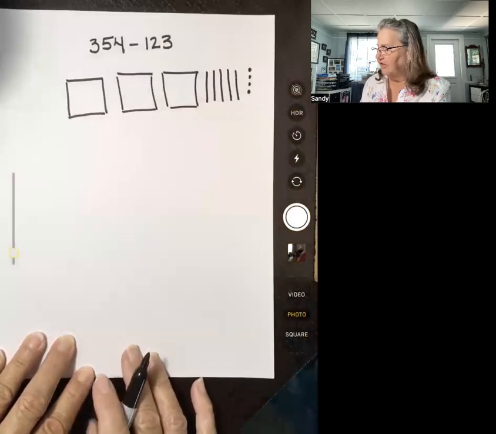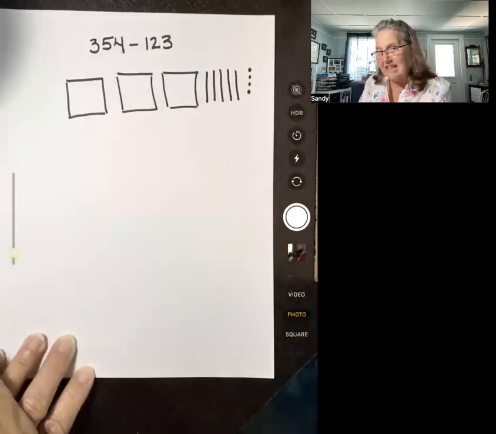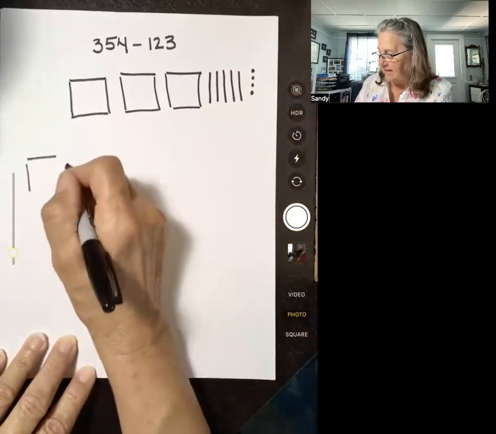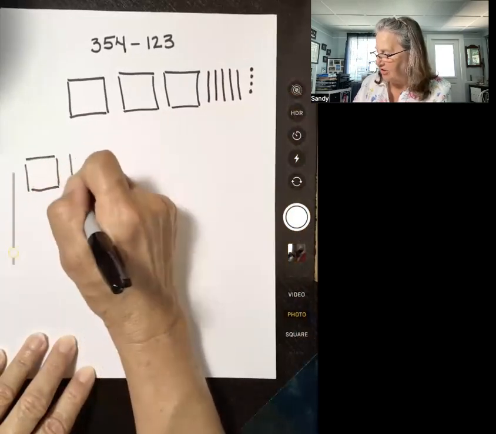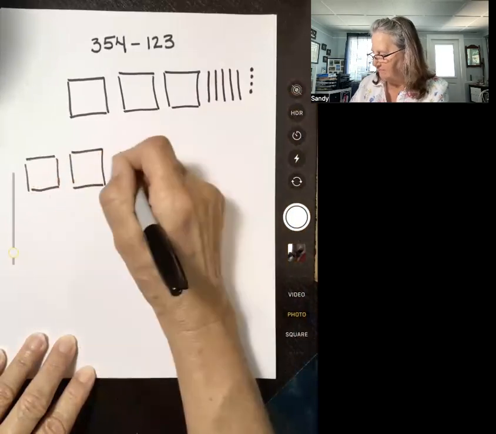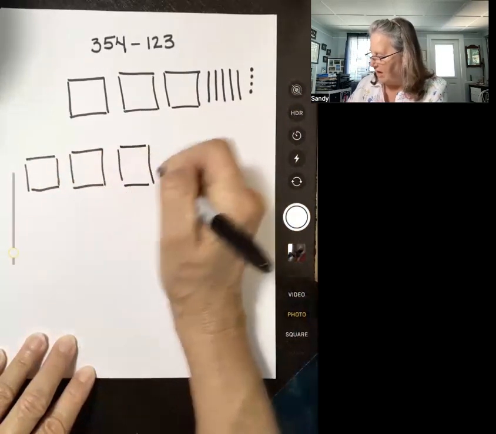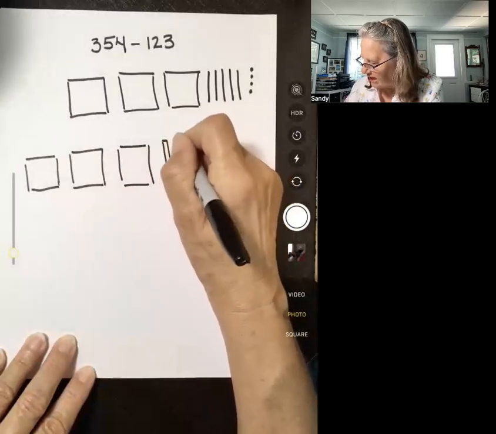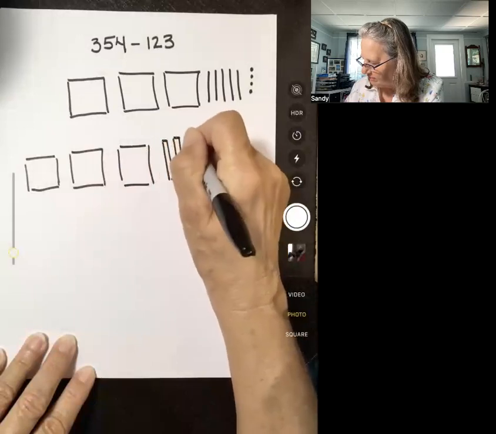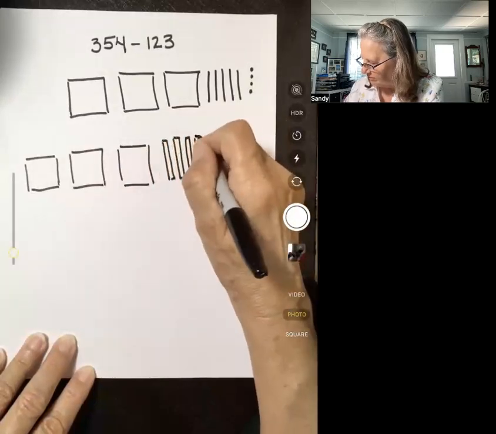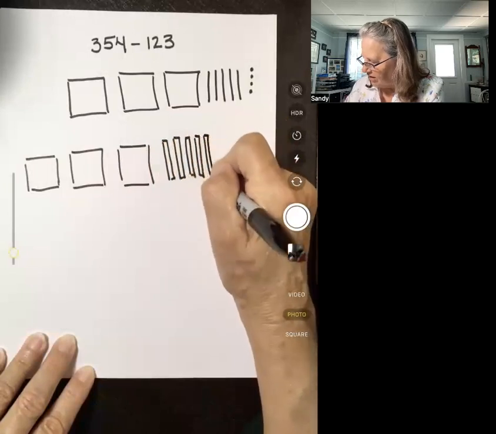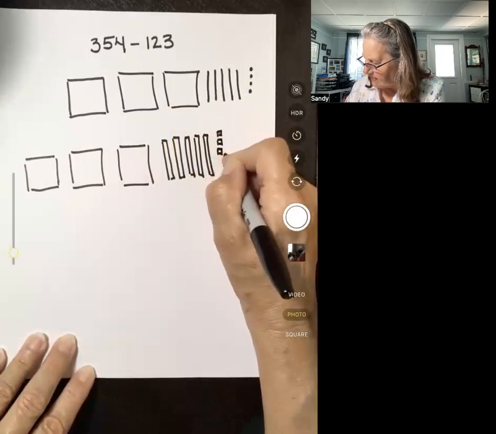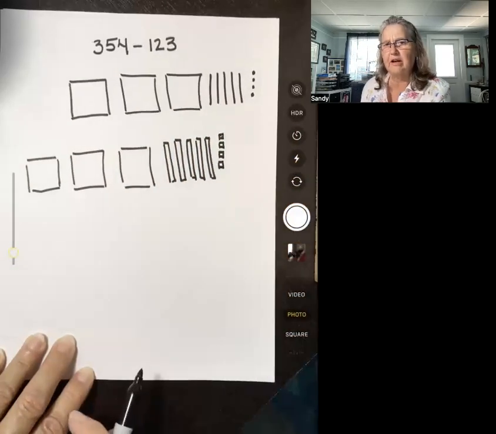Now, your children may be drawing different kinds of rectangles for these. They may draw that hundreds flat, like I did, so they'll draw squares for the hundreds. And then they'll draw these skinny little rectangles for the tens. And then they'll draw little squares for the ones. There's nothing wrong with that, and you'll see that quite often.